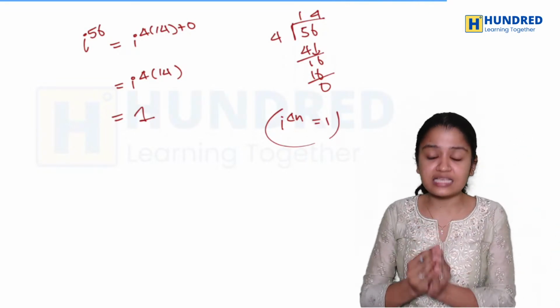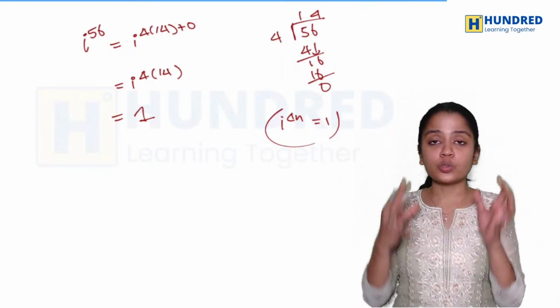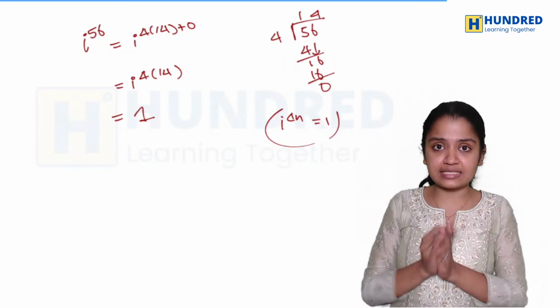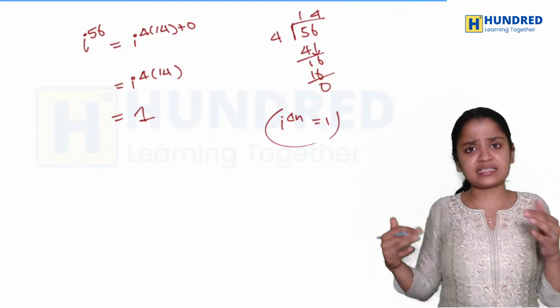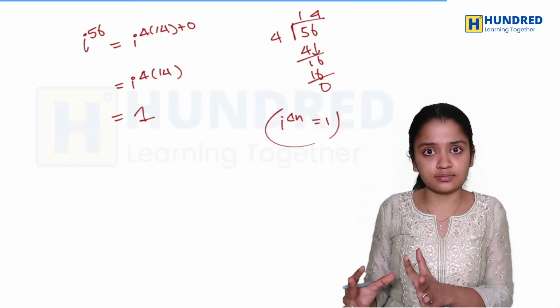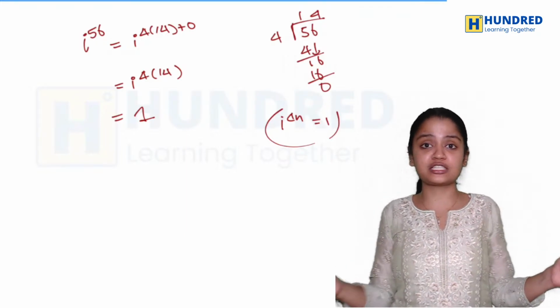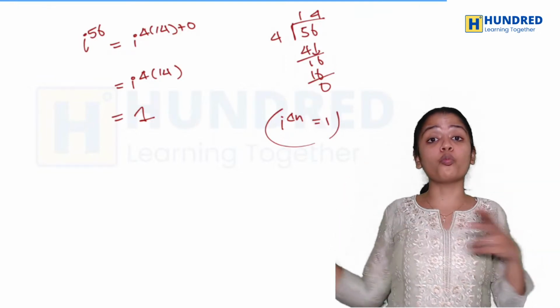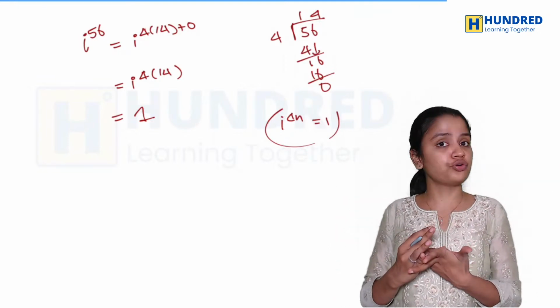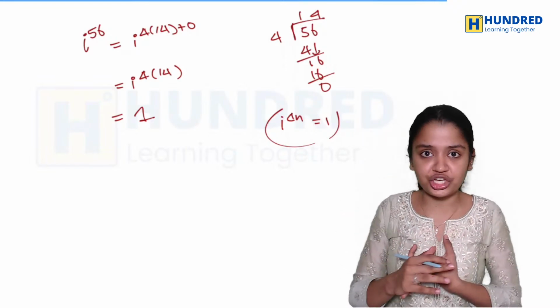So this is the basic main concept which you have to know. In this complex numbers introduction, I've taught you only the basics: how the complex number arrived into the number system, then the main basic concept, the imaginary number.